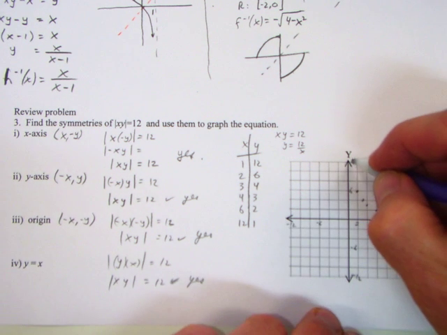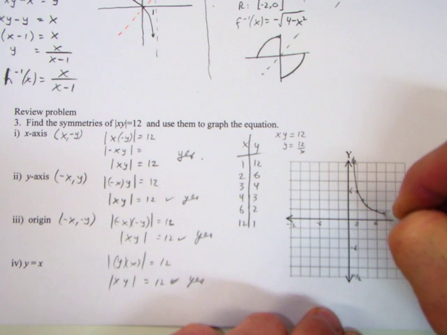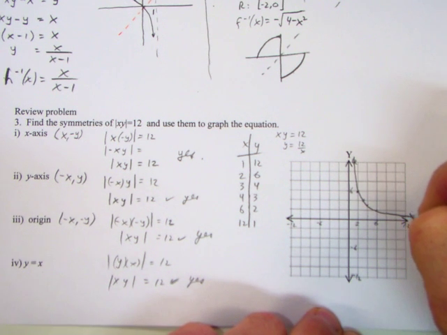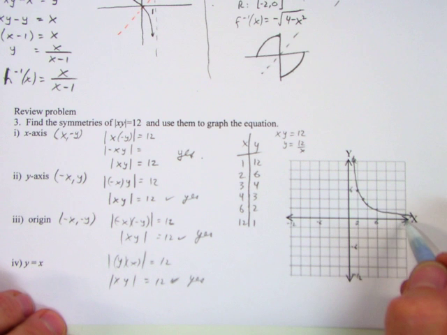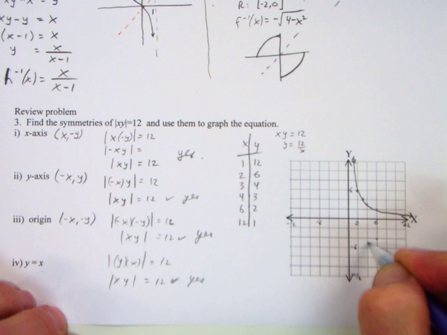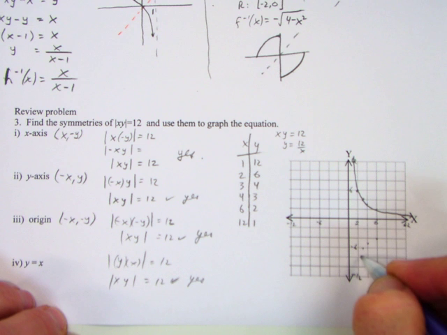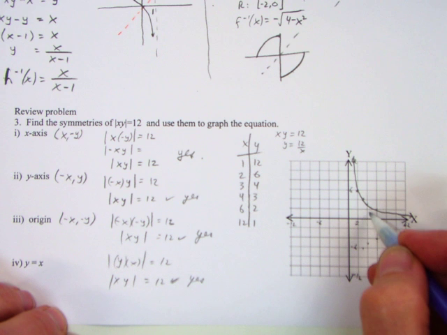So if I look at this and connect these dots, I get this. Now, this is symmetric about the x-axis, so let's reflect these points over to the other side of the x-axis. I'm just copying these points on the other side.